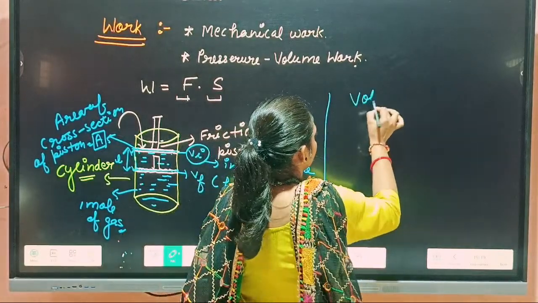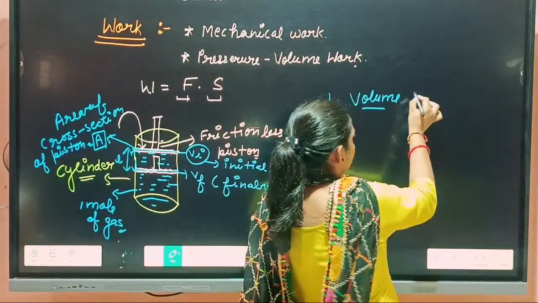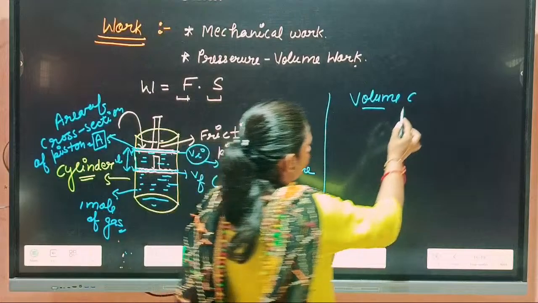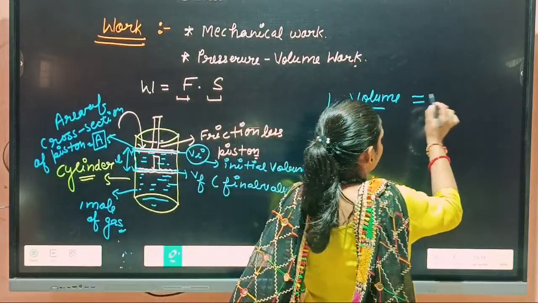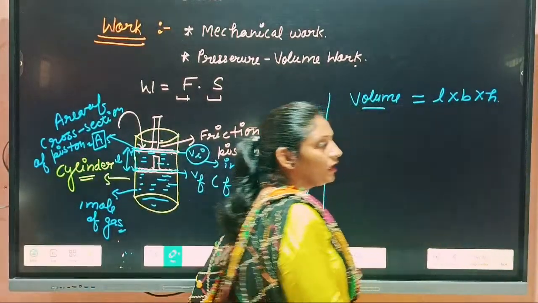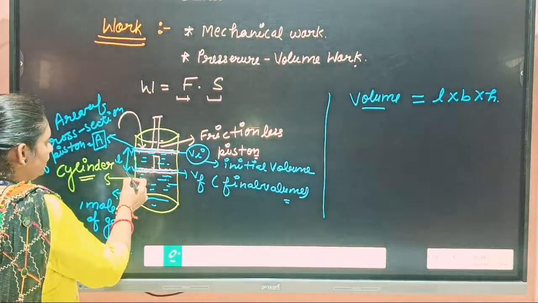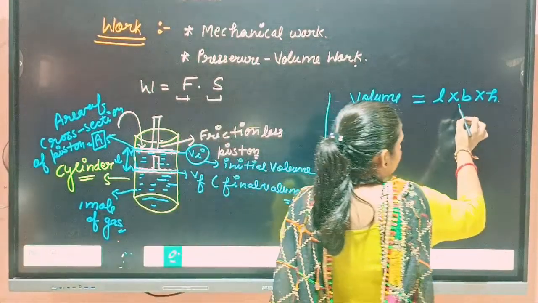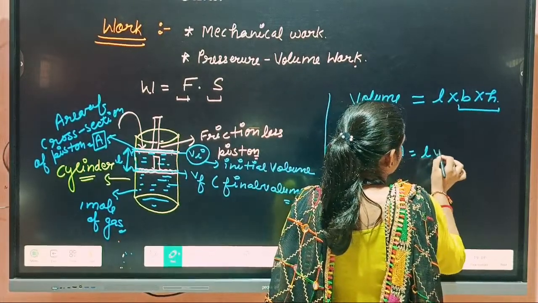What do we mean by volume? Here we are talking about the cylinder. How can we calculate volume? Volume is the total space occupied by an object, or by the formula length into breadth into height. Here, how much displacement is taking place? Which length is covered? This is L.